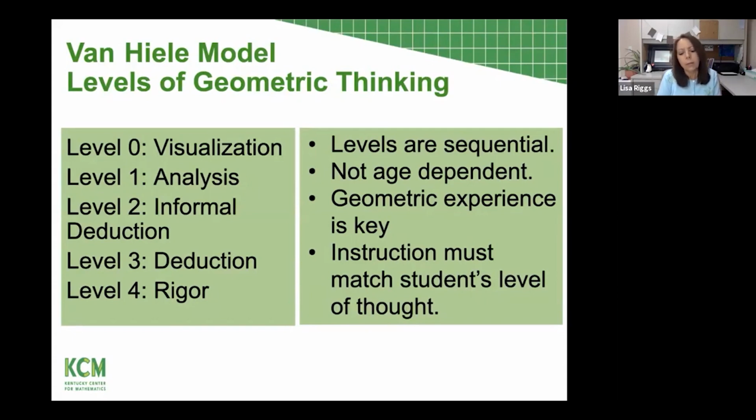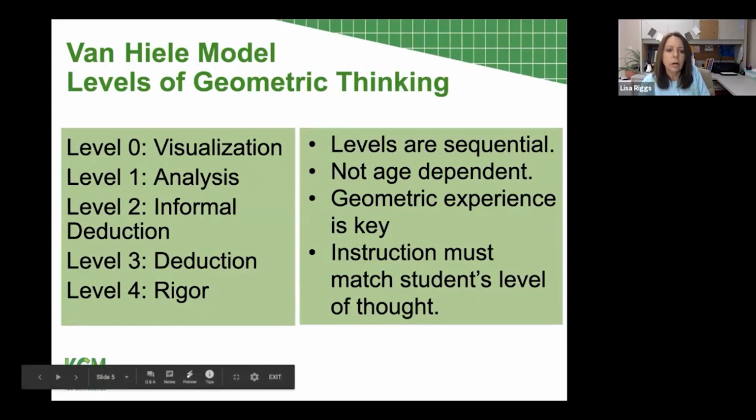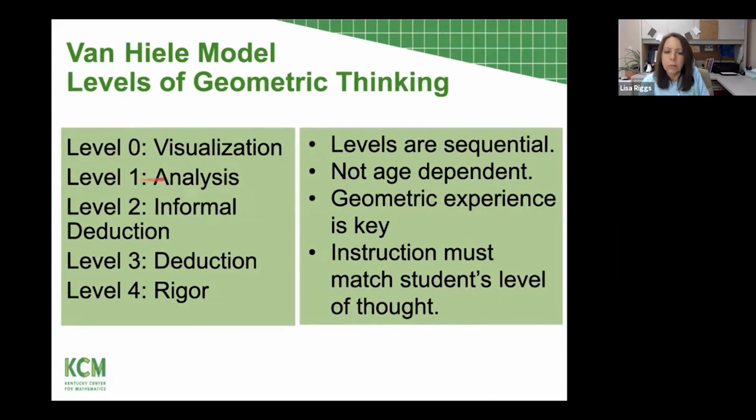And as I was reading about the grade 3-5 band, it noted in there that most students in that 3-5 band are still working in this 0 to 1 level of thinking, moving toward a 2.